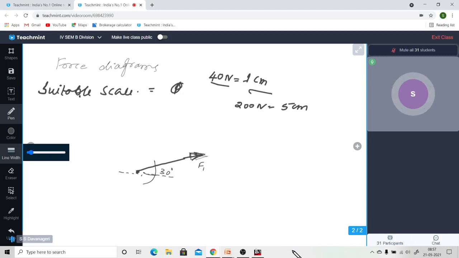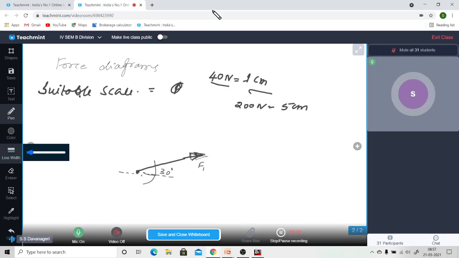Now you have drawn F1. Next you need to draw F4 here. Let us take this F1 end point as a starting point for force F4. They have given 30 degree inclination here. Now from this you just draw the force.